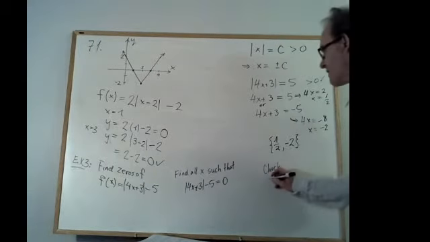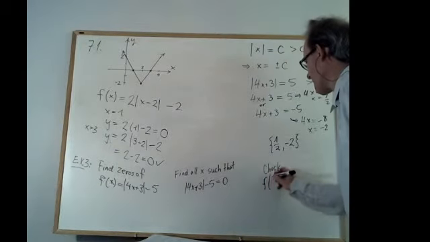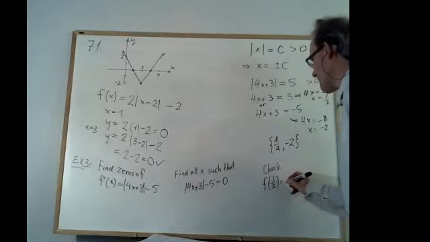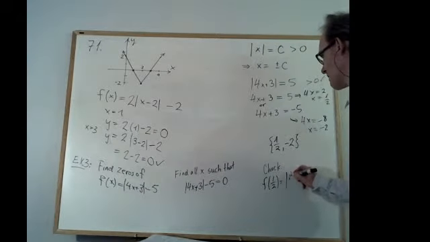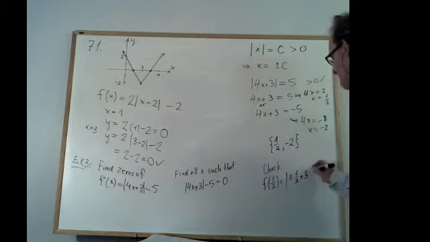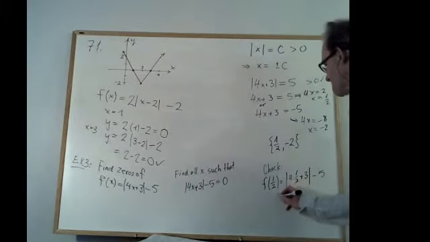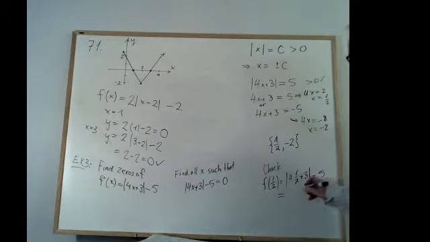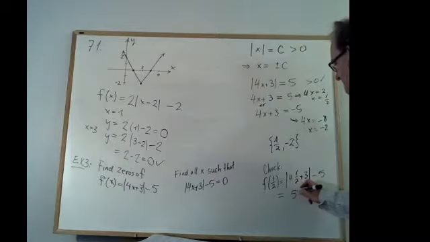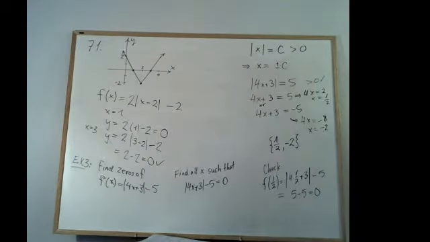4 times 1/2 plus 3, that's going to be 2 plus 3. Do that inside first, because that's like a bracket. So 2 plus 3 is 5. The absolute value of 5 is 5. So I get 5 minus 5, which is 0.